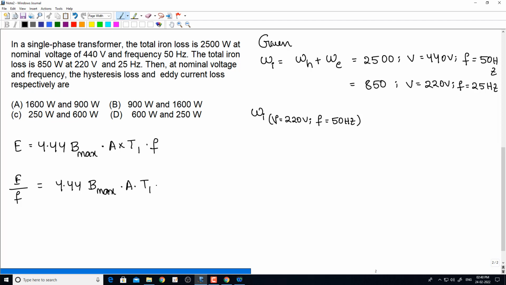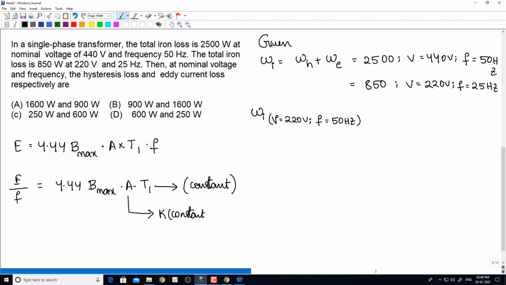We know that for a particular design, the area of the core of the transformer is constant, and the number of turns in the transformer is also constant after the particular design of a transformer.